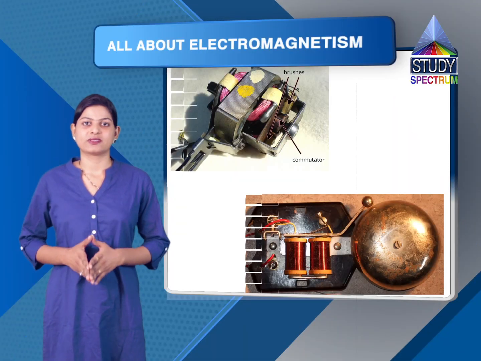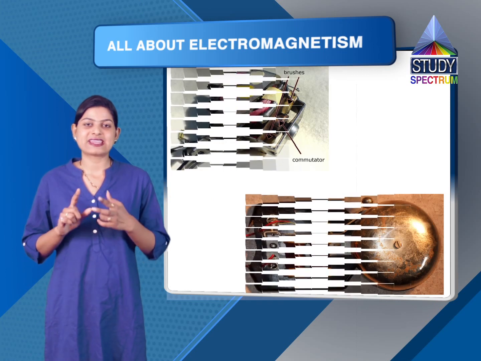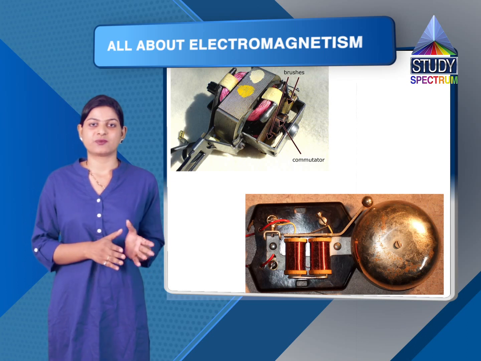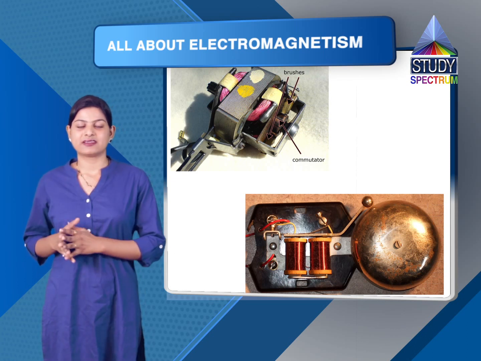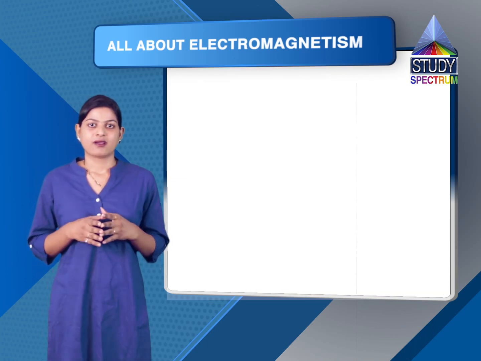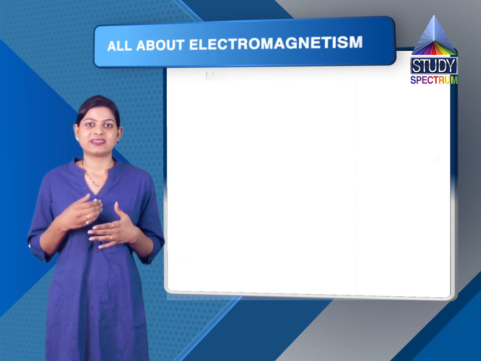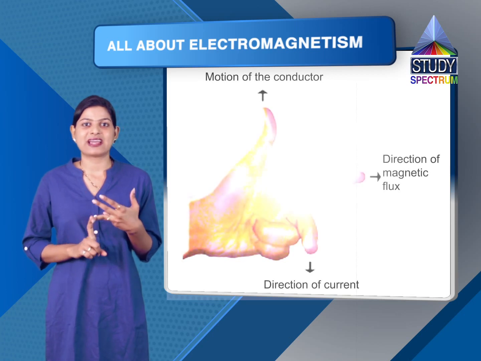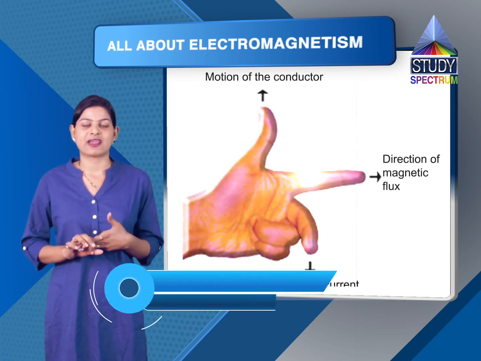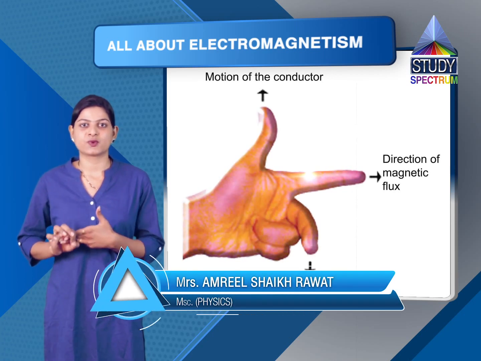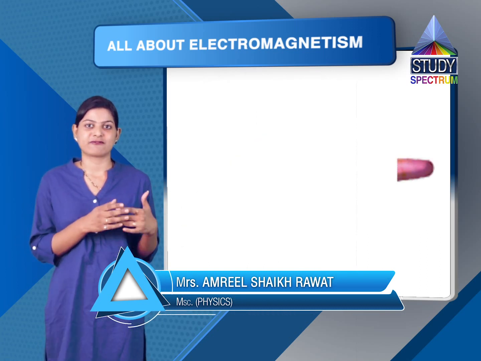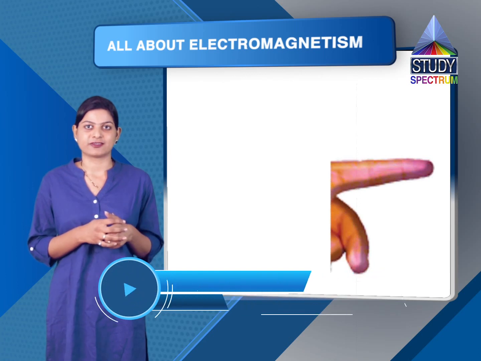So as we saw the working of an electric motor and an electric bell, in both cases electrical energy was converted into mechanical energy. Now the direction of electrical energy, magnetic field and the mechanical work done was given by Fleming's left hand rule. To study this rule, we first have to stretch our fingers.